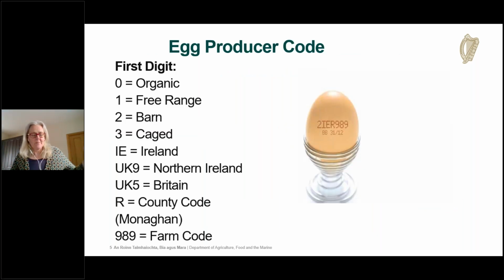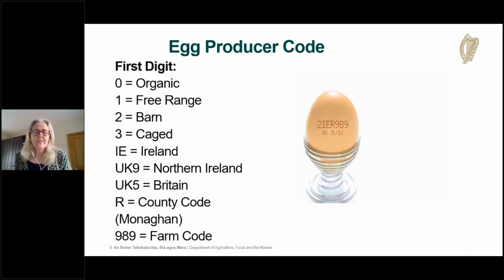And you'll probably all be well aware of this, but going back to the distinguishing code, once we complete the registration process, each producer is given a distinguishing code based on the farming method system. So 0 on the egg signifies organic, 1 signifies free range, 2 signifies barn, and 3 signifies eggs from caged hens.